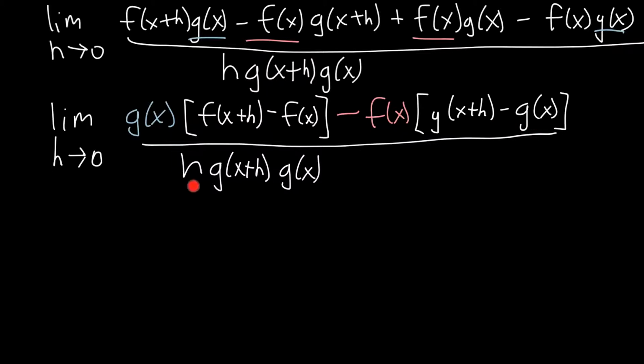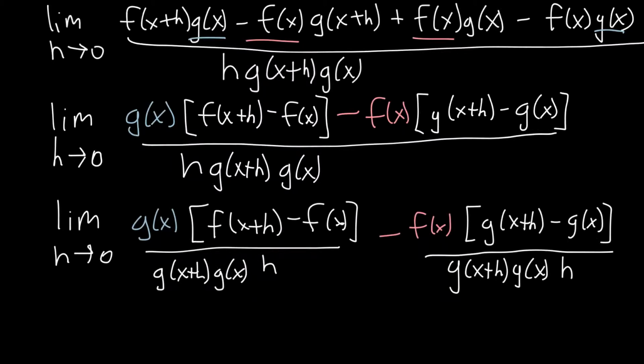All of this is still over h, g of x plus h, g of x. Now what we're going to do is use the rule of fractions that says if we have two numbers on the top that are being subtracted, we could rewrite this fraction as two separate fractions, still over the same denominator. So let's go ahead and do that.